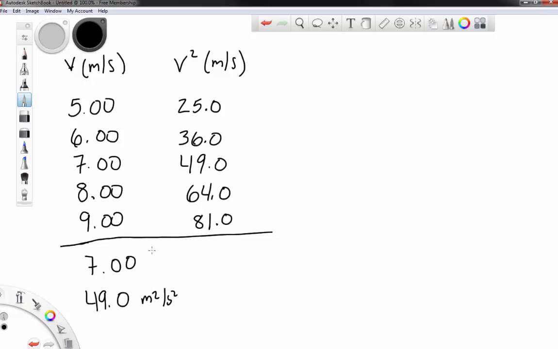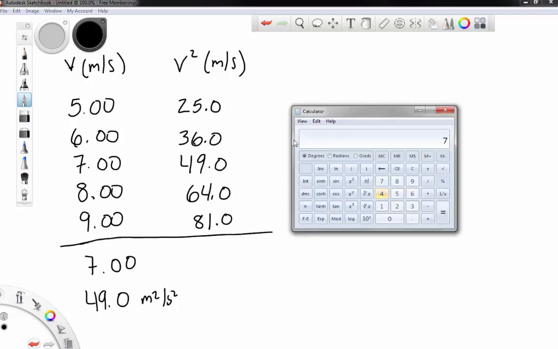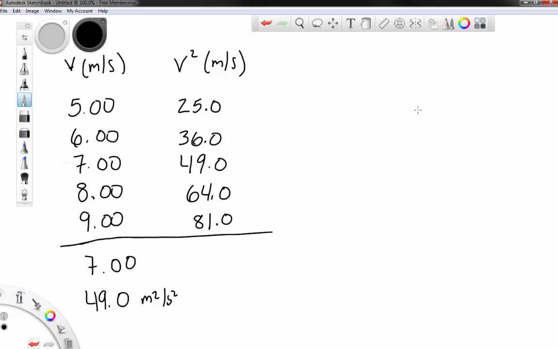Okay, what about the other column? So in the other column, we've already squared everything, so we're going to go ahead and add each of these things together. So 25 plus 36 plus 49 plus 64 plus 81. And again, there's 5 of these things, so we divide by 5 and we get 51.